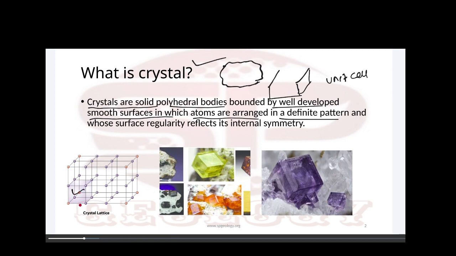This small one is your unit cell, so it will repeat in a particular or definite pattern to form a complete crystal. And the external form will indicate the internal atomic arrangement or internal structure.